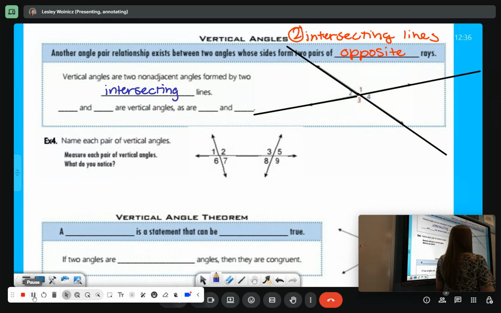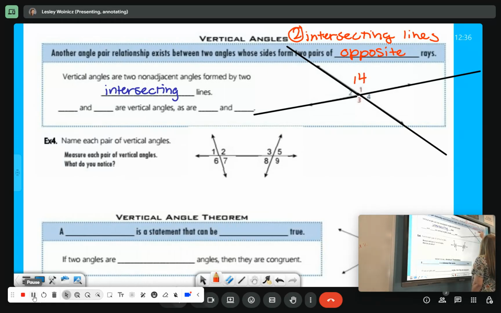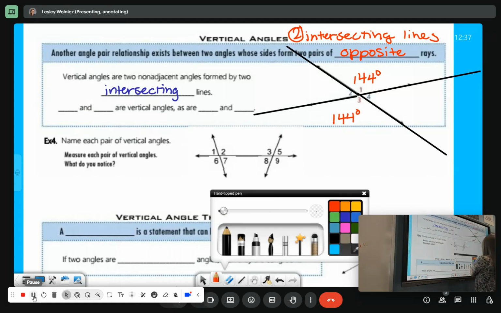For angle 1? 144? Oh, shoot, I got 130. Okay, what did you guys get for angle 3? 144, it should be the same. Okay, what about angles 2 and 4?